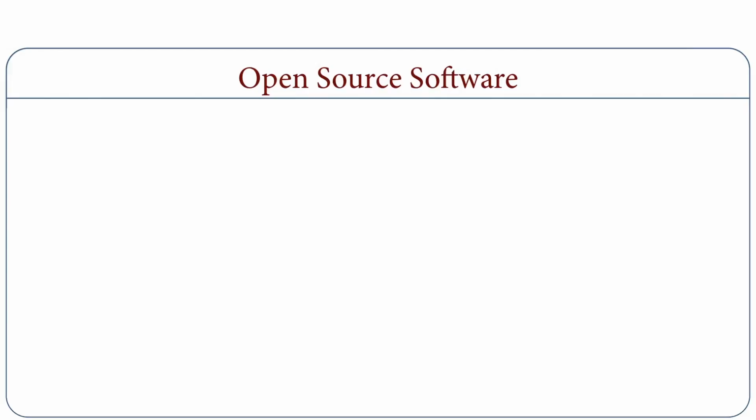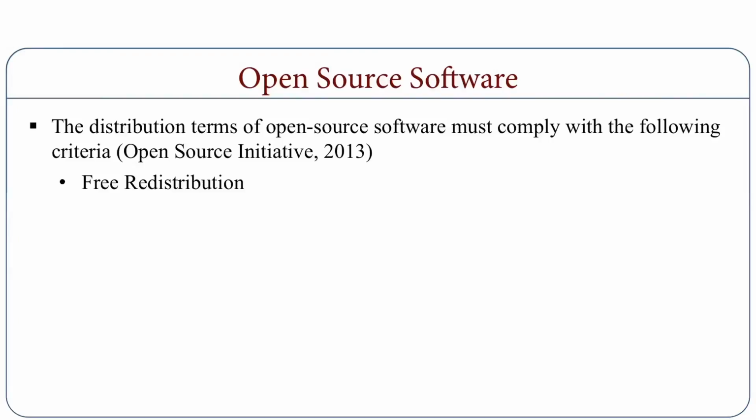There is another concept called open source software. Under the definition of open source software as given by the Open Source Initiative, the OSI organization, it has to fulfill the following 10 criteria. The first is free distribution, that is anybody who procures software under an open license should be able to freely distribute this software to others.